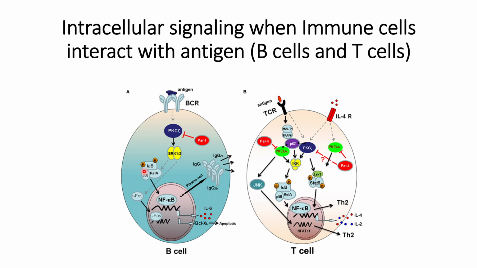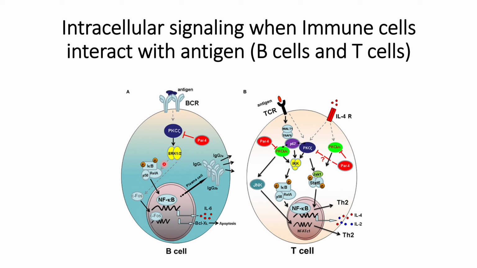This complex formation causes NF-κB to translocate into the nucleus and upregulates the antibodies that are generated against the antigens recognized by the B cell receptors.